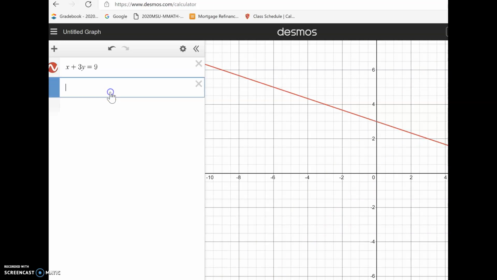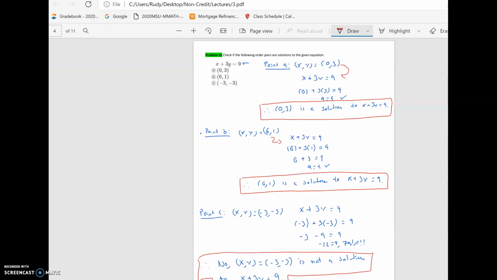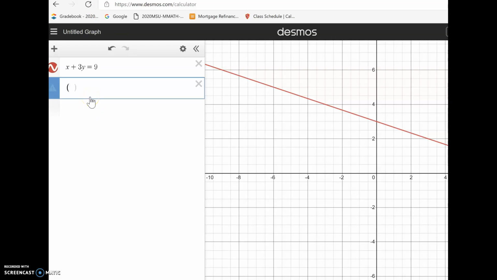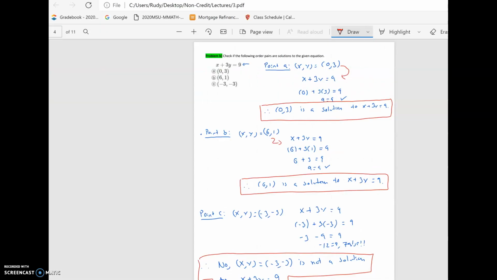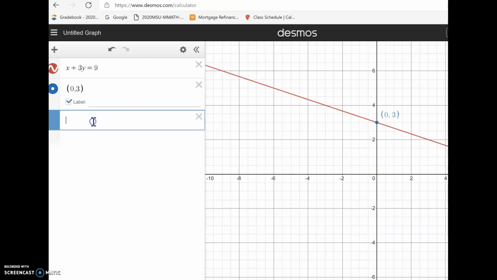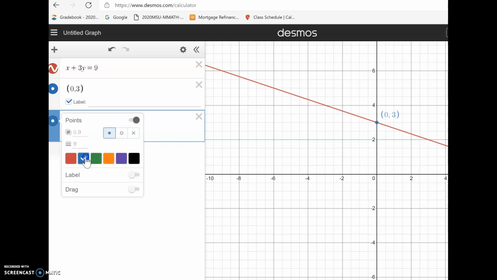That's your actual equation. The coordinate points that they asked us to check was (0, 3). That was one of the first ones. So this will be (0, 3). And as you can see, it's on the line. So in this case, we concluded on that one that it was a solution. The next one that we did was (6, 1). So we used algebra, and we also showed that that coordinate point was on the line.